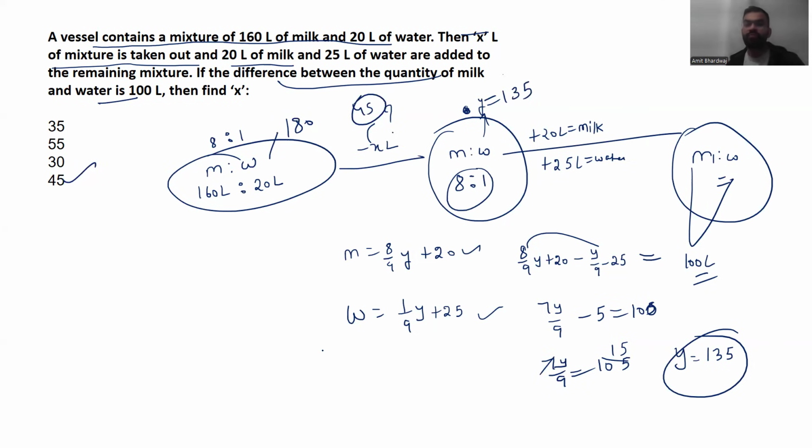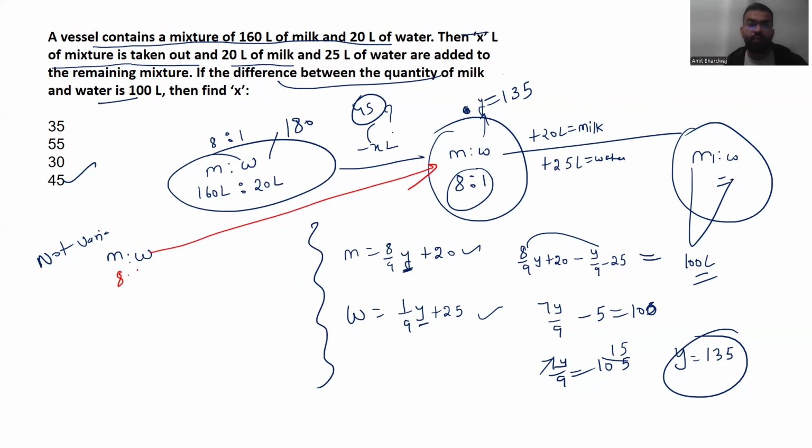So this is a procedure that you can use. Right now I'm using a variable so that you understand clearly. Now let's say I'm not using a variable. What will you say? Simply you can say one thing. Please understand, the milk and water ratio here is 8 is to 1.